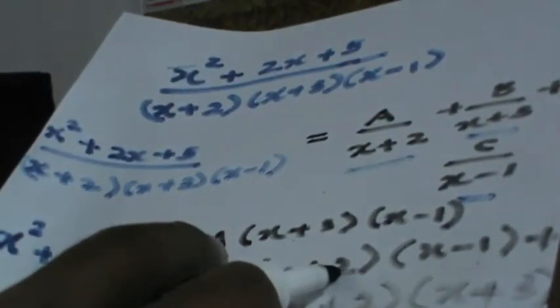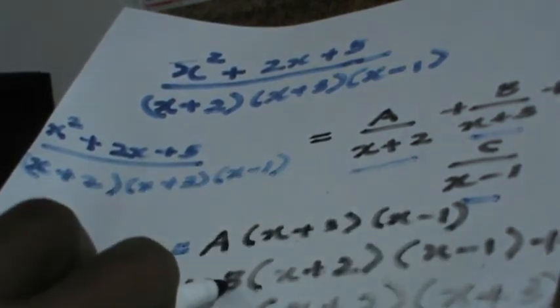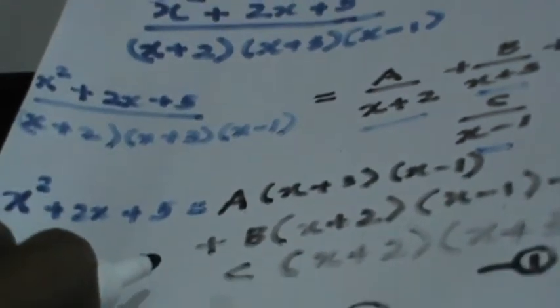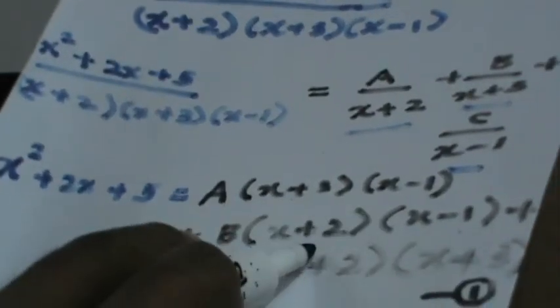When I multiply this 2 by this minus 1, I get minus 2, and I multiply that minus 2 with this plus b, so that will be minus 2b. Similarly, when I multiply c by 2 and positive 3, I get positive 6, and I multiply that by positive c, so that will be positive 6c. So I have to add 6c here. This will be my equation number 4.